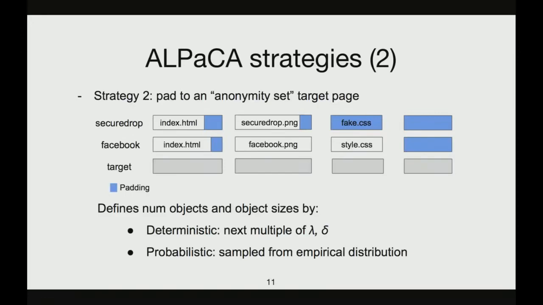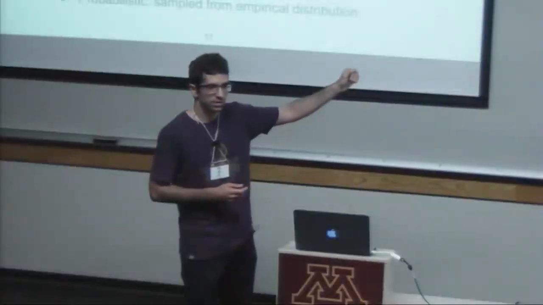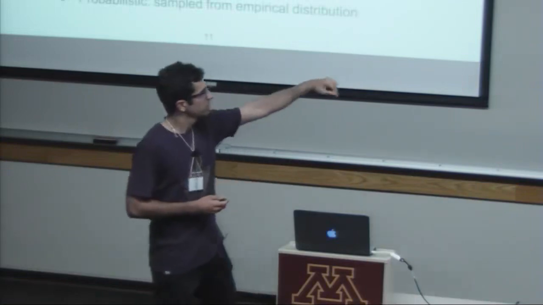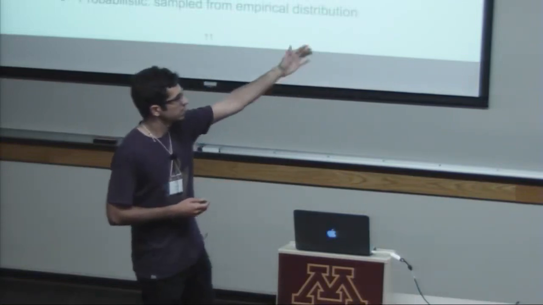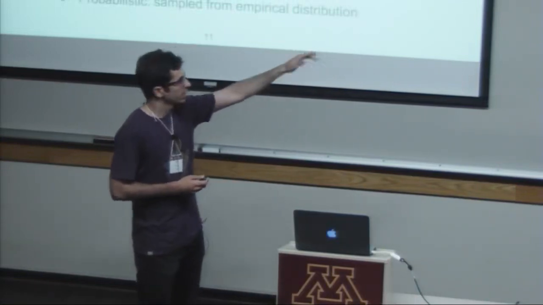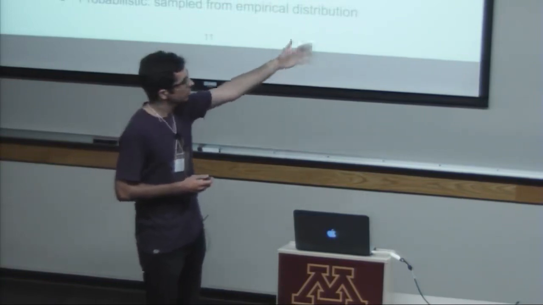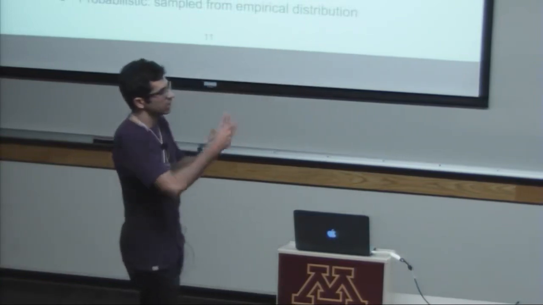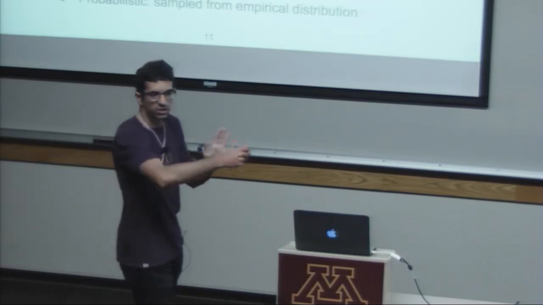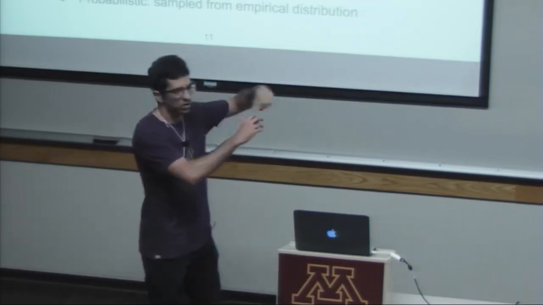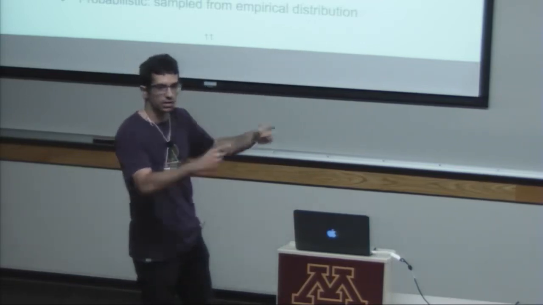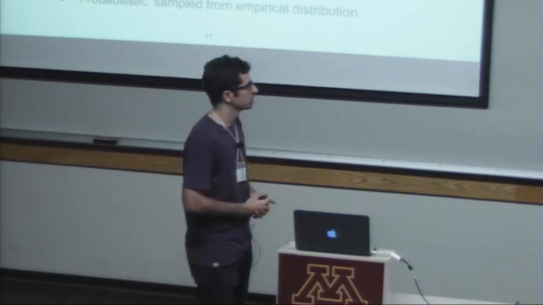We pad the objects to the next multiple of these parameters. For example, if SecureDrop has 2 objects and Facebook has 3 objects, and the parameter is 4 in the example, then you would add as many objects as needed to reach 4 objects. This creates an anonymity set of pages, and these pages will collide.